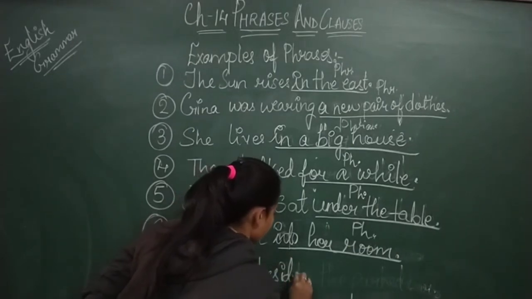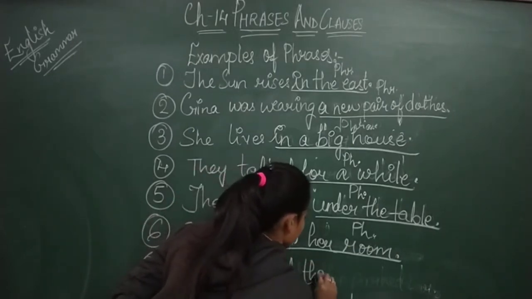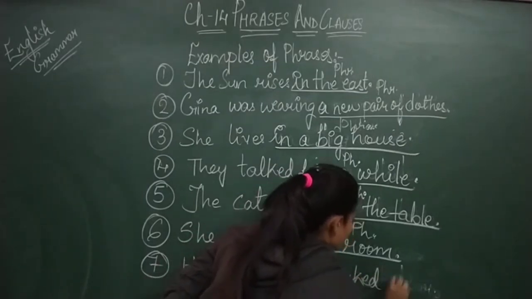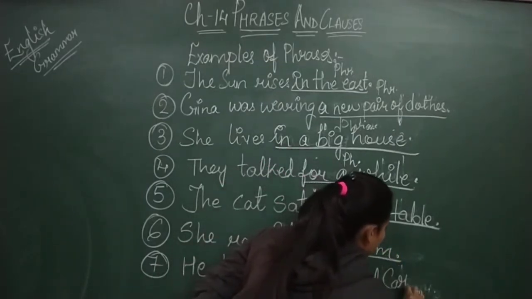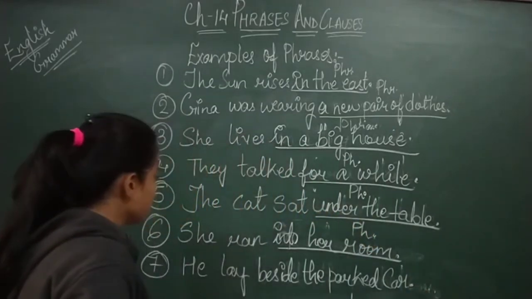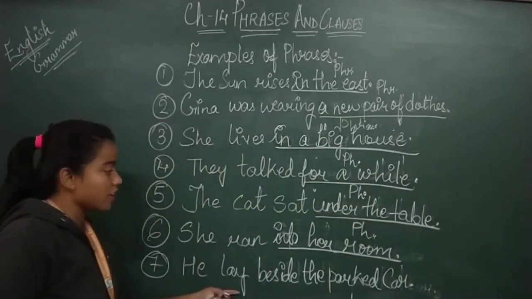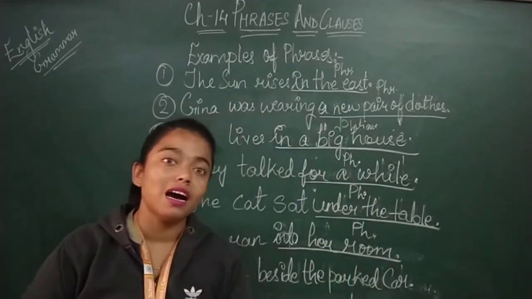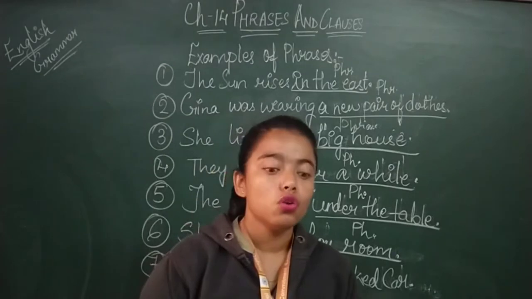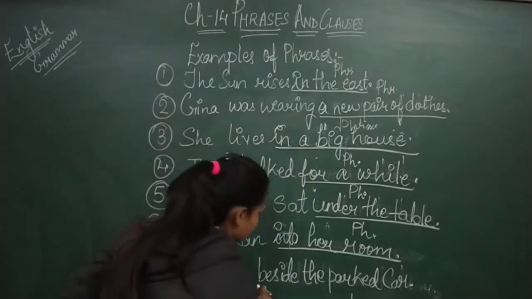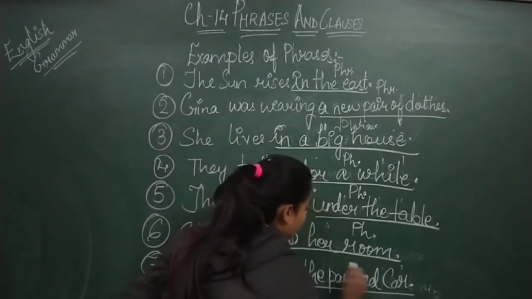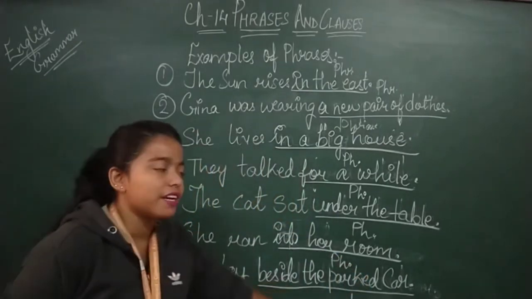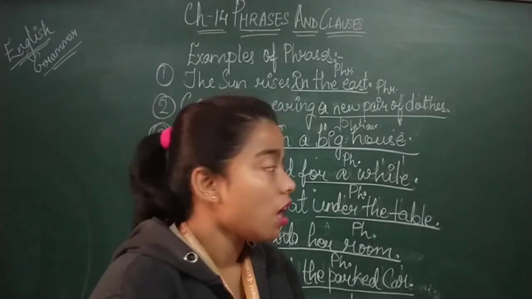Beside the parked car. So where did he lay? He lay beside the parked car. The car that was parked, he was sleeping next to it. Yes, so "beside the parked car" is your phrase because it is completing the sentence.